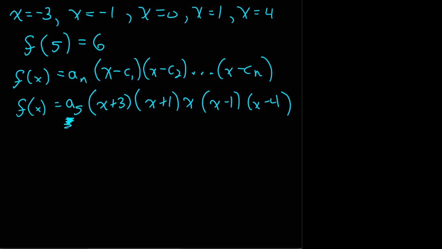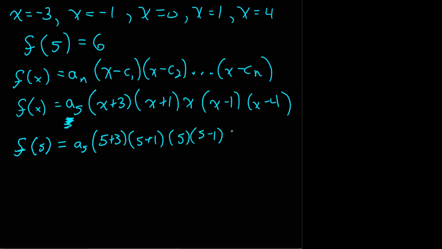So what I'm going to do is look at what is a sub 5, or what is f of 5. Well, f of 5, I would put 5 plus 3, 5 plus 1 times 5 times 5 minus 1 times 5 minus 4.